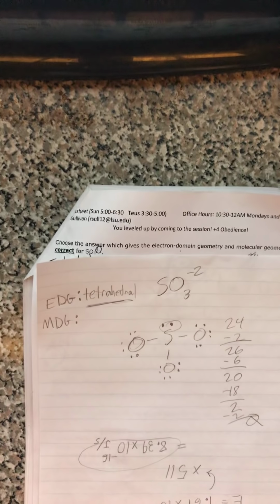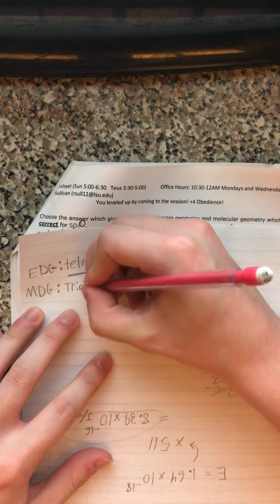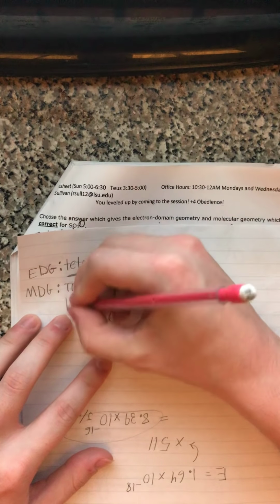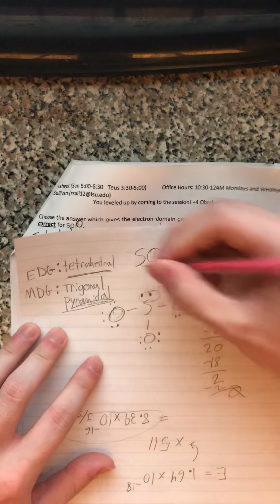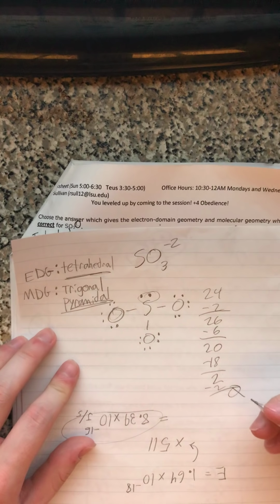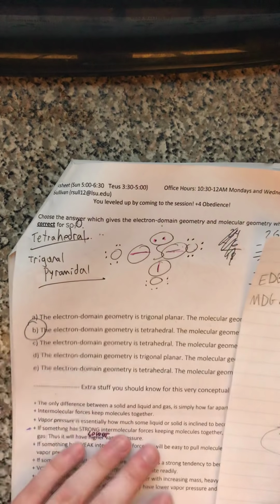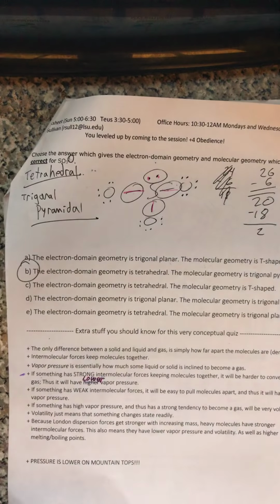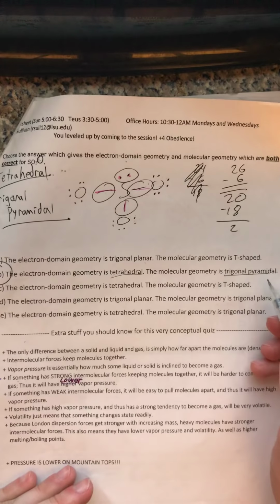So that means my molecular geometry is trigonal pyramidal. So I'm going to pick the answer that says EDG tetrahedral, MDG trigonal pyramidal, which must be B, tetrahedral, trigonal pyramidal.